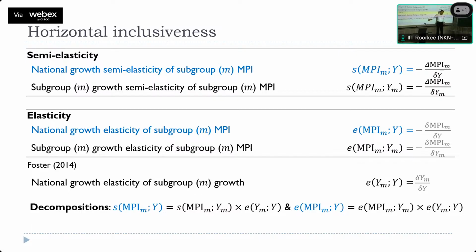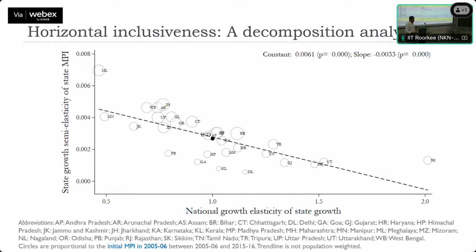It is possible that some states are growing faster than the national average, and some states are going to grow slower than the national average. And then we will look at whether that growth has been translated to that state's MPI. Yeah, let's see if I can make you interested in that graph. So we'll do both semi-elasticity and elasticity.